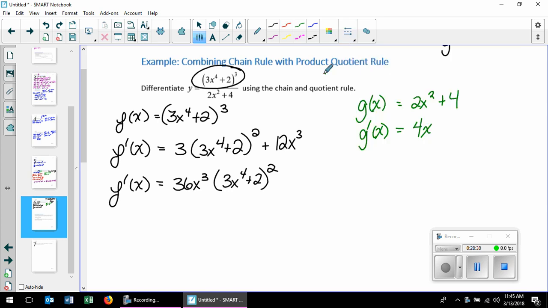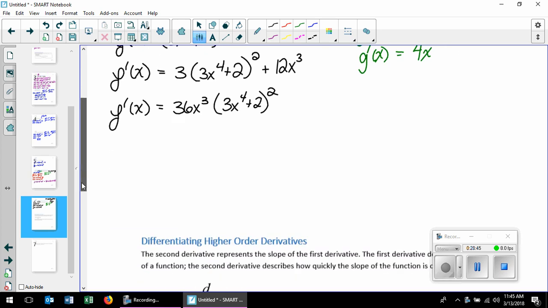So now, to do the whole quotient rule, you got to put it all together. So the whole quotient rule says start with g of x, that equation is 2x squared plus 4. That's multiplied by the derivative of f of x.